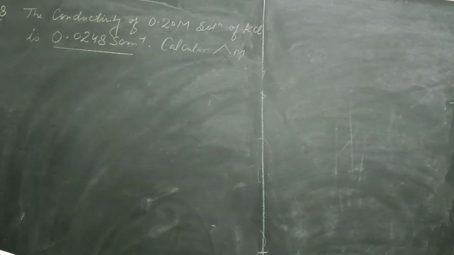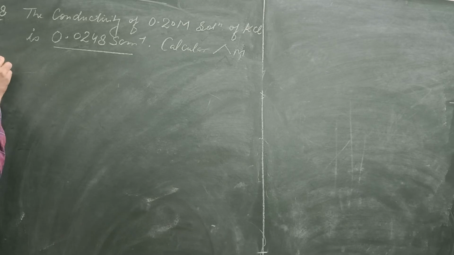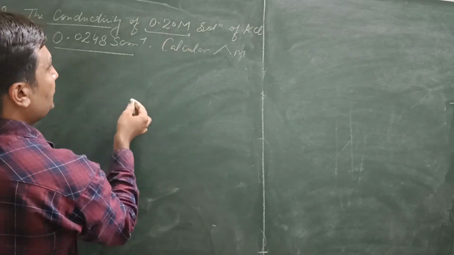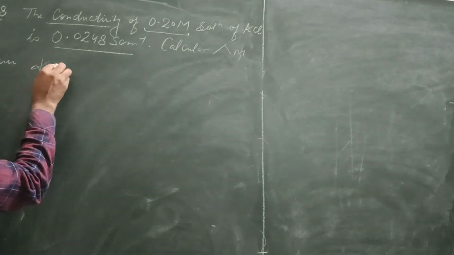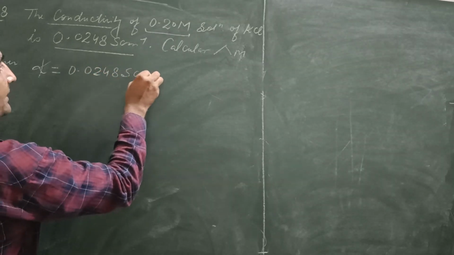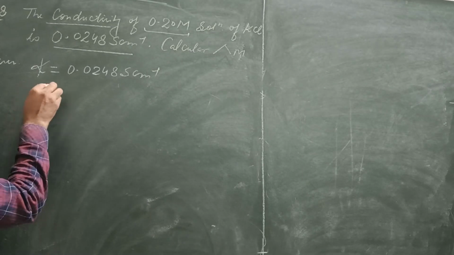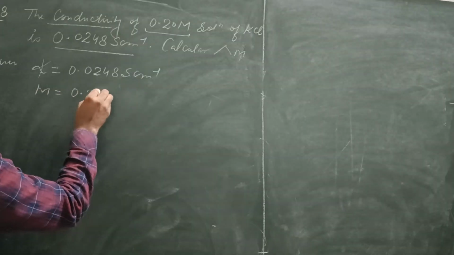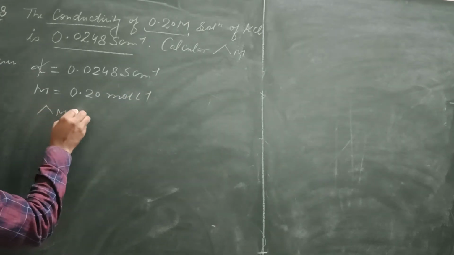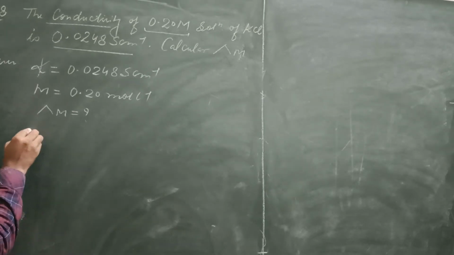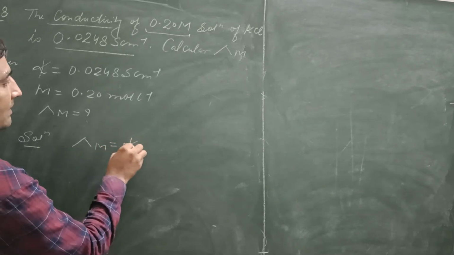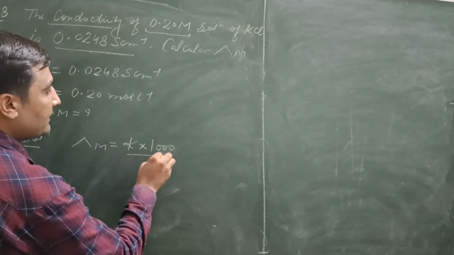So in this question we have the given portion: conductivity of this molarity solution is this much. It means kappa is given, 0.0248 Siemens centimeter inverse. Molarity is given, 0.20 mole per liter or molar. Molar conductivity we are to find out. So solution: molar conductivity equals kappa into 1000 divided by molarity.